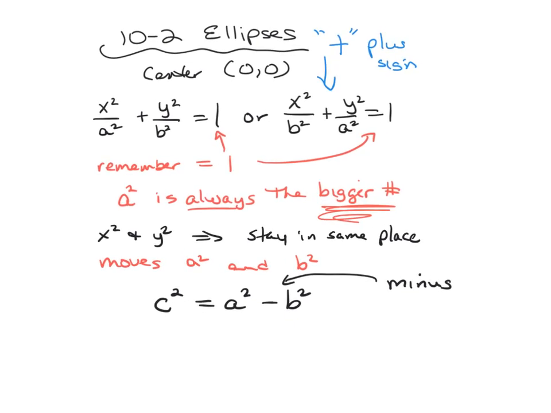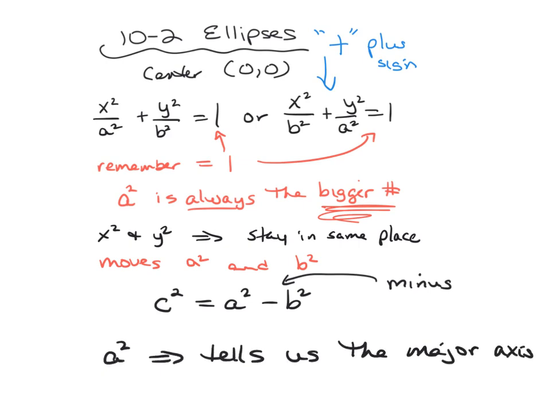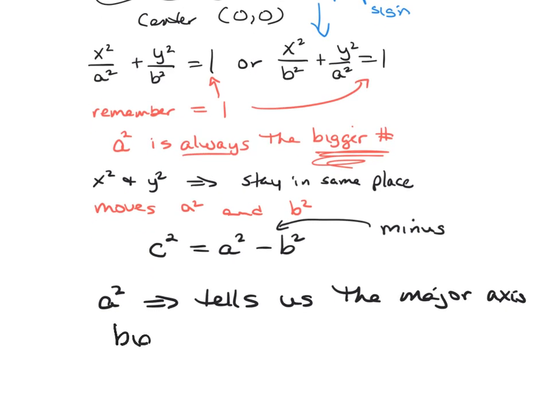Now, the bigger number, which is always the a squared, tells us the major axis. So whichever variable that bigger number is under, that's our major axis.